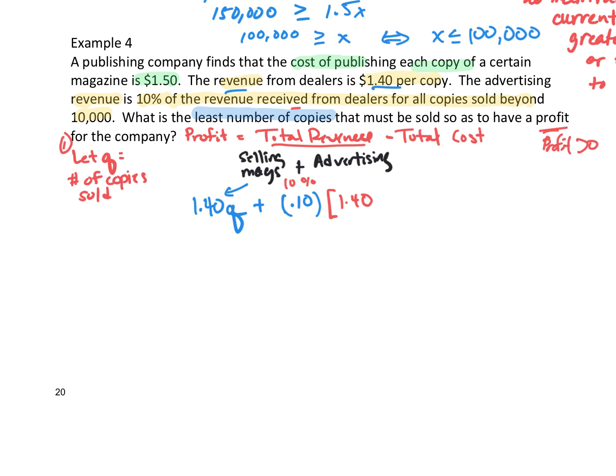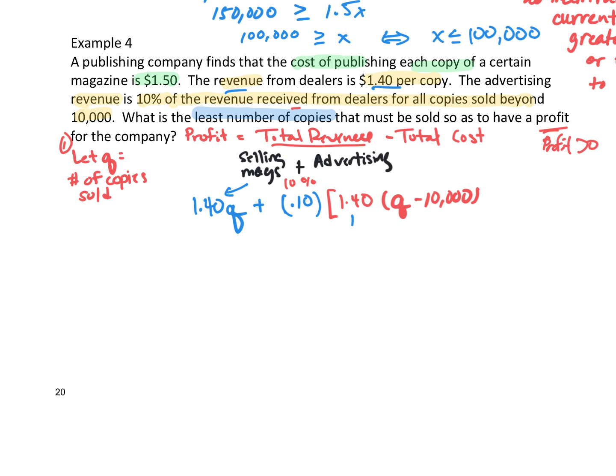So what we want to know is, you have to sell 10,000 copies before you can actually get any of this revenue, okay? Now, for this to work, period, I'm going to say Q minus 10,000. So there's your selling price.